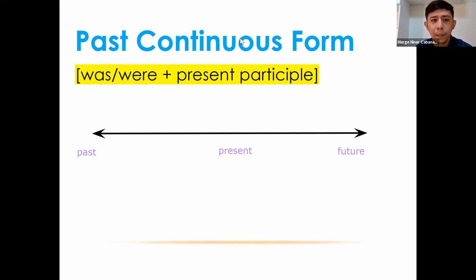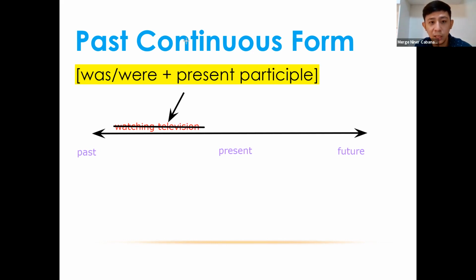All right, I will choose watching television. Now, watching television is an event that happened in the past. The problem was it's not finished because something interrupted it.